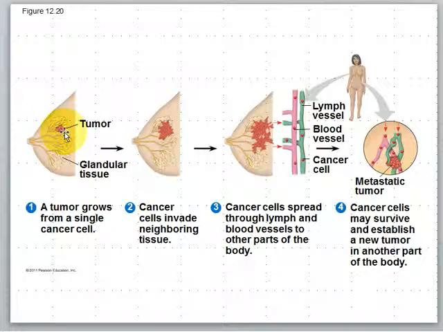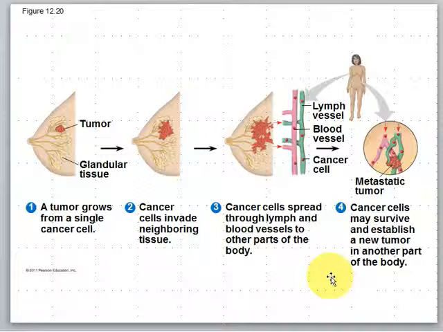So within the breast you have glandular tissue, and sometimes you'll have a cancerous tumor formed within that tissue. If it's a benign tumor, it stays in place and it doesn't begin to infect the immediate surroundings or travel throughout the body. Sometimes the cancer cells begin to invade neighboring tissue, and if it becomes malignant, then it can metastasize, and those cancer cells move through the body, through the lymph vessels or the blood vessels, and they may travel to other portions of the body and begin to establish themselves and grow tumors in other parts of the body.